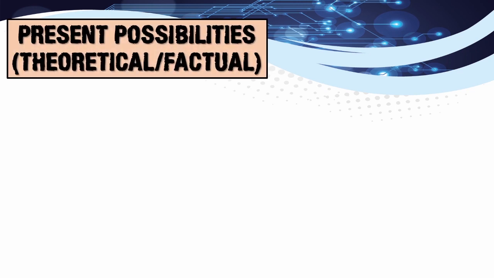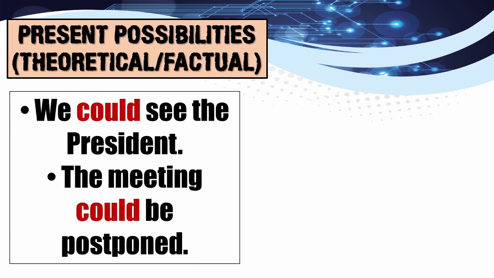Let's look at the third use of could. Under present possibilities, either theoretical possibility or a factual possibility, we make use of could. For instance, we could see the president. The meeting could be postponed. This is theoretical, and it could be factual. We could see the president.